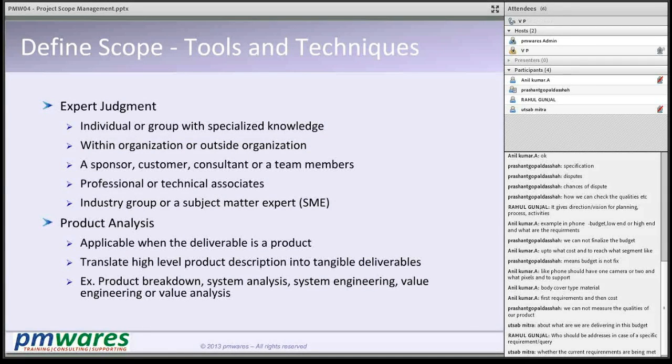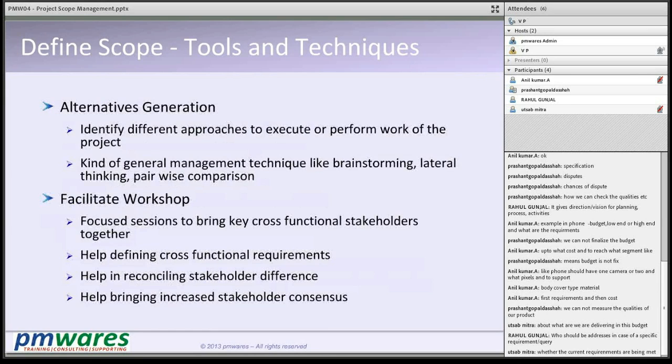Now a few of the techniques which you use, normally product analysis. Product analysis means you have defined the requirements for a product. Now you go through an analysis with respect to value engineering, meaning what features are producing what value. Value analysis is the name for a similar thing. Systems engineering: what kind of system we are going to build and how different features are participating in it, and based on that you define the scope. Alternative generation means sometimes the method becomes important.